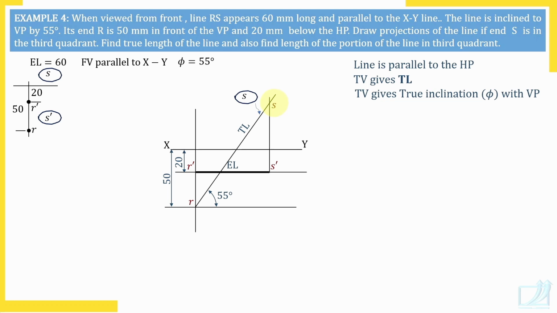So here you will get S. We got confirmed position of point S. Now join R and S, and this is the top view. And check here, top view gives true length. Now remove this labeling. It was rough labeling just to guide us that point S is on this line.